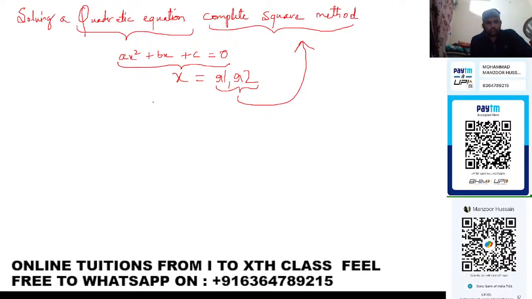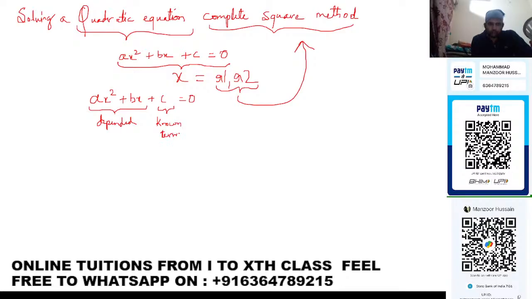In that concern, we are going to consider the equation as ax square plus bx plus c is equals to 0. If I traditionally bifurcate this equation, we can say that these two terms, ax square plus bx, are dependent terms, and c is completely a known term.